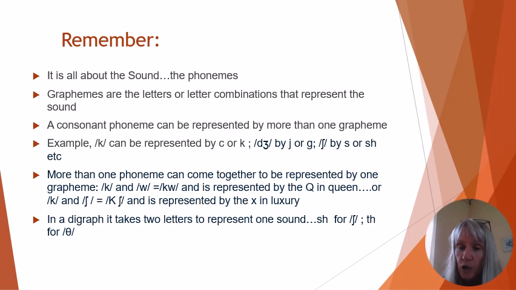But for now, sh, for example, the S and the H consonant grapheme represents the sh sound. We can take a T letter and an H letter to form the digraph TH, which represents that sound.